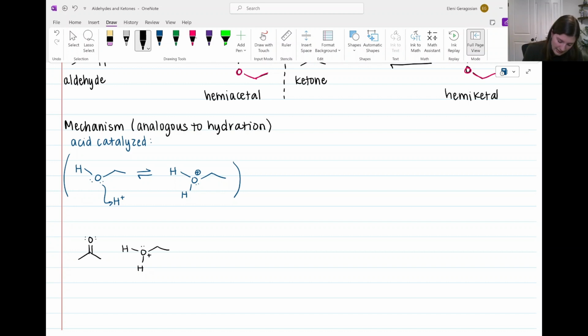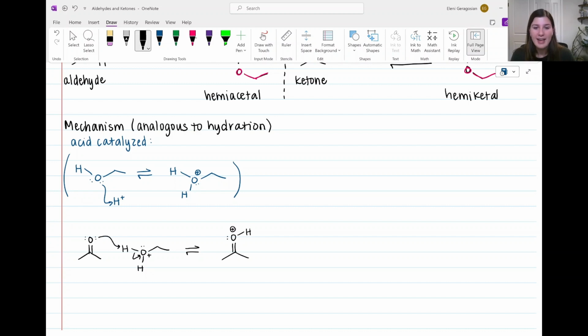So oxygen electrons pull a proton from protonated solvent, and the electrons in that oxygen to hydrogen bond go to the oxygen. Now we have our activated ketone, our activated carbonyl. Oxygen is bonded to a hydrogen. That protonated oxygen pulls electron density more strongly away from the carbonyl carbon, and so that makes the carbonyl carbon more susceptible to nucleophilic addition.